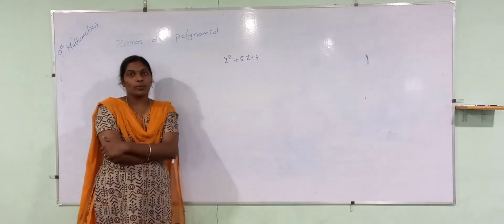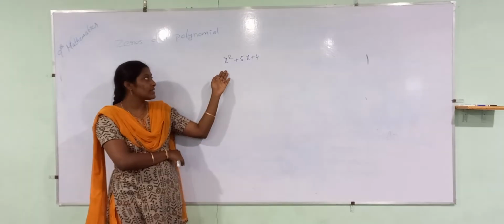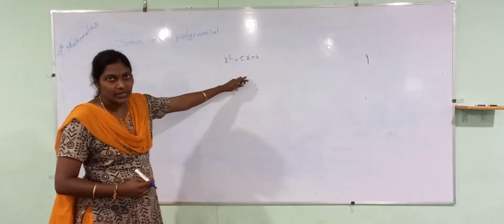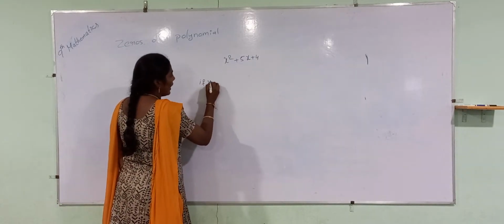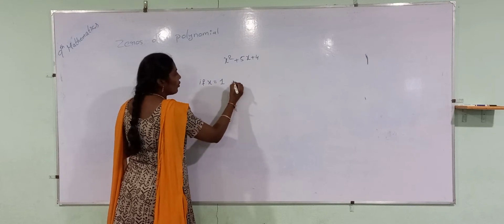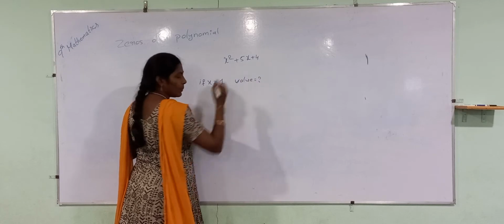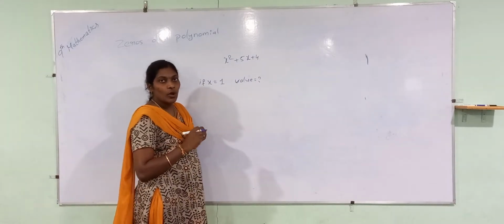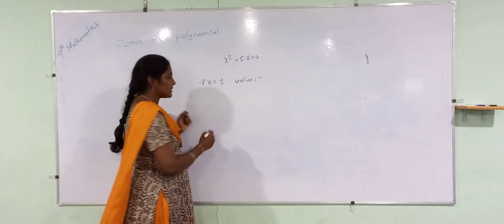Zeros of a polynomial. See, for example, I have the expression x square plus 5x plus 4. If I ask you, if x is equal to 1, what is the value? What do we do to find out the value? We substitute 1 in each and every place of x.